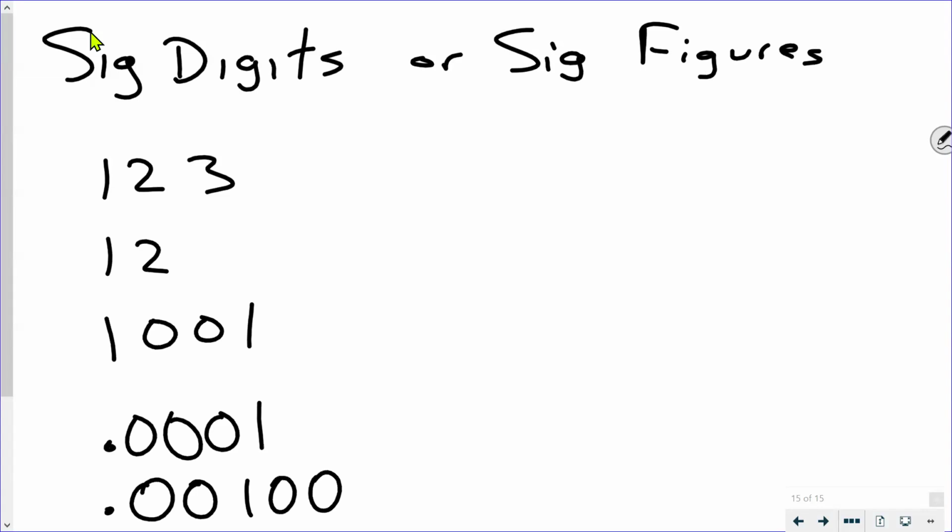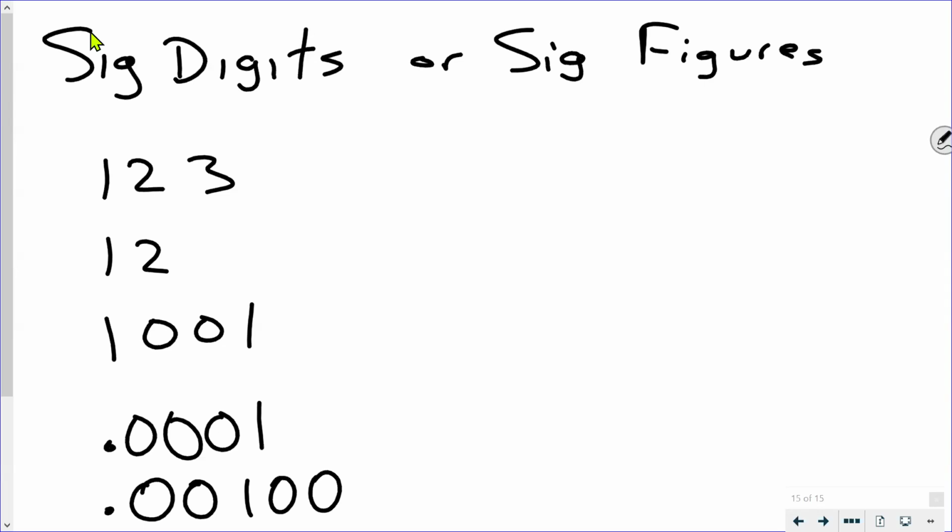So significance is important. What numbers are important? Numbers from 1 to 9 are always important: 1, 2, 3, 4, 5, 6, 7, 8, 9. They always count. Zeros, it depends on where they are. Zeros after the one are not going to be significant, but the ones before it are. Other way around. So everything past the one is significant.